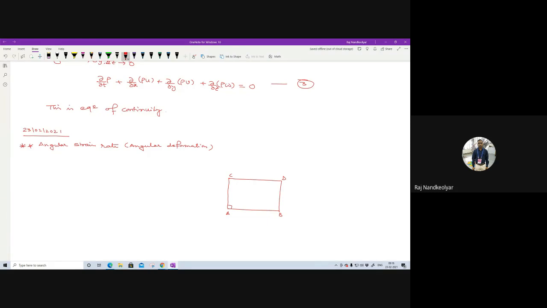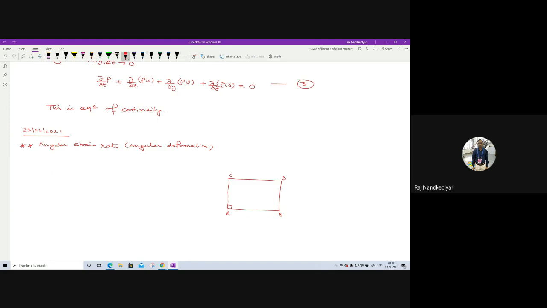Okay, so that is the rate of change of the angle between any two line elements which were perpendicular to each other at some previous time. So that rate of change of the angle is actually known as the shear strain rate or the angular deformation rate.